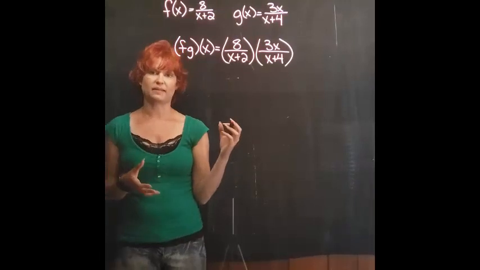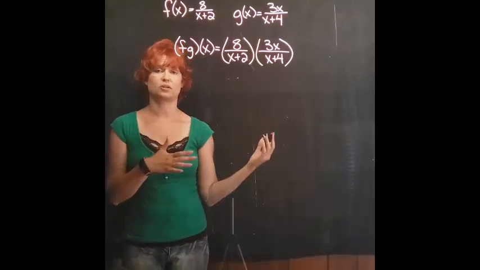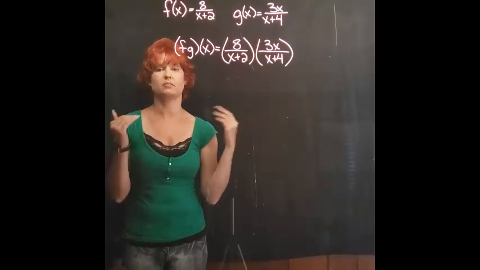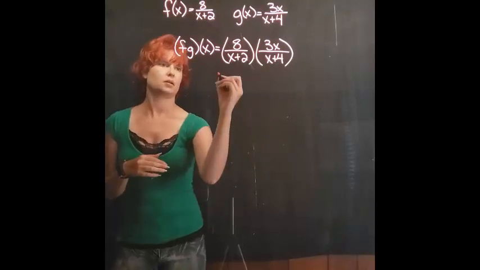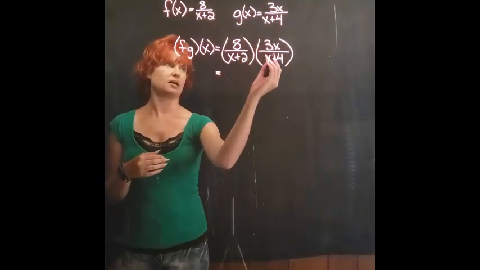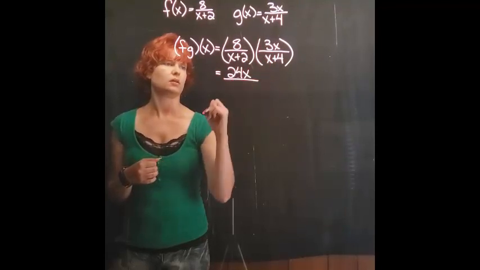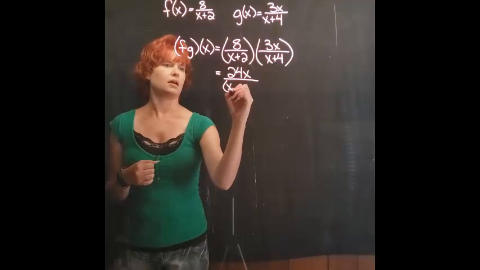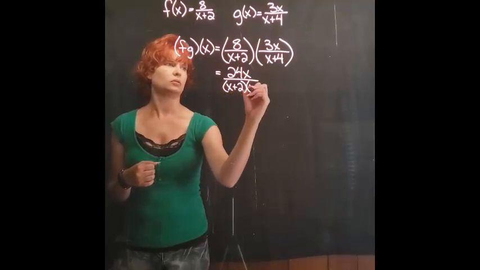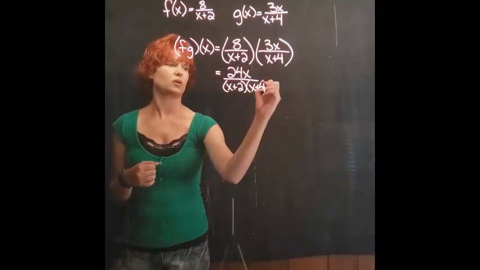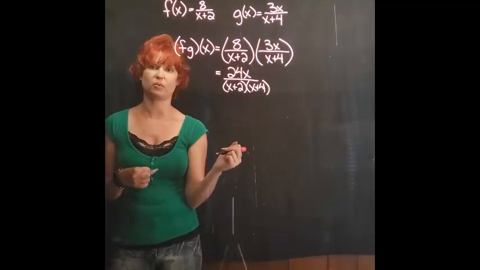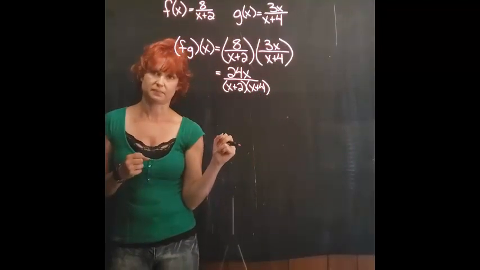When we're multiplying these rational expressions, we're just multiplying straight across. Numerator times numerator, denominator times denominator. So we're going to have 8 times 3x is 24x, and then x plus 2 times x plus 4. And again, we can multiply that out if we want, I'm just going to leave it.